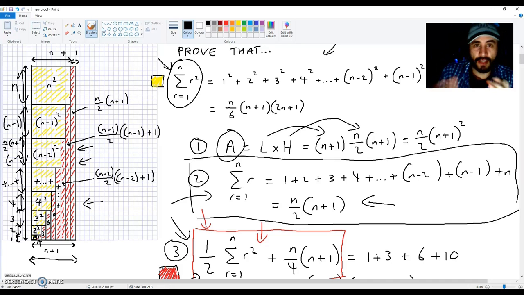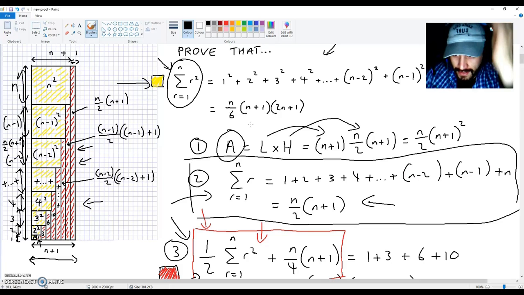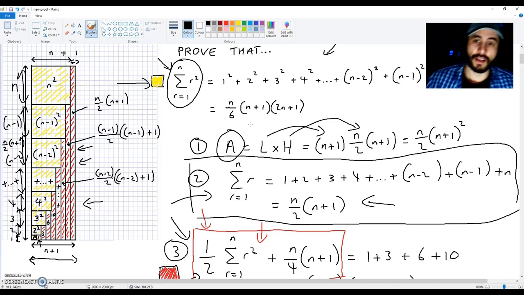Because if we subtract the red parts, we are going to end up with just the yellow squares, and that's exactly what we want, because the yellow squares represent this equation here, which is n over 6 multiplied by n plus 1 multiplied by 2n plus 1. So if we get the area of this entire rectangle and strip away the red part, we are only left with the yellow squares, and that's what creates our proof.